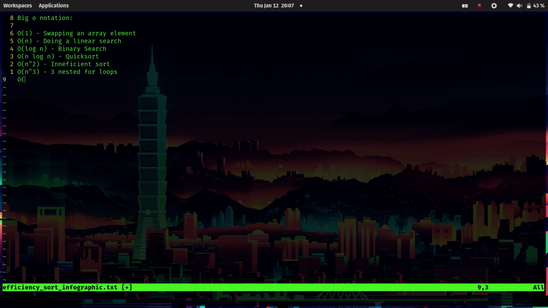After that is where it's going to be at a rate of 2 to the power of n, which is going to scale like 2, 4, 8, 16, 32, and so on. The amount of time is going to be 2 to the power of the number of elements in the list.